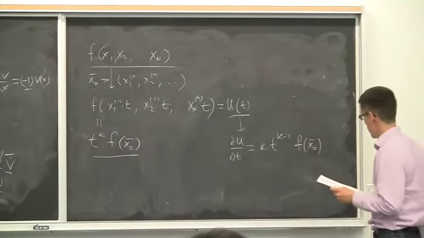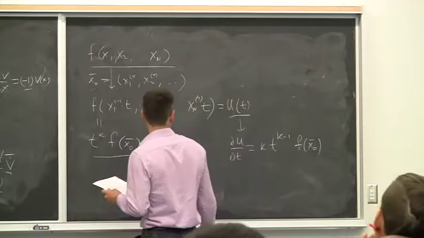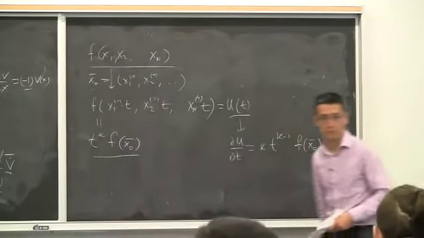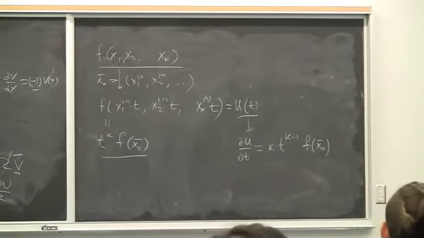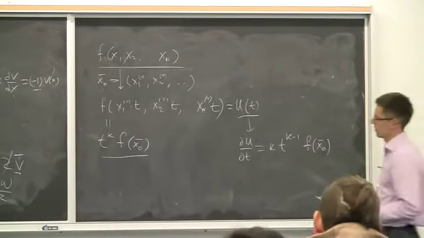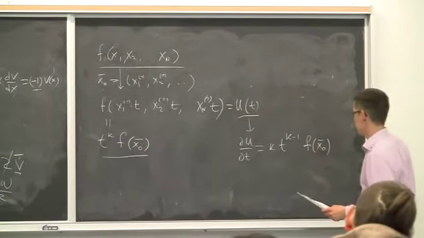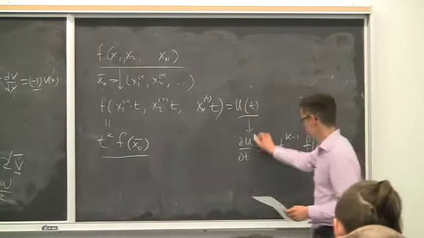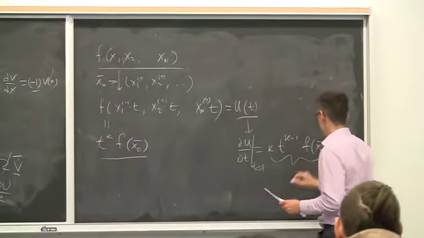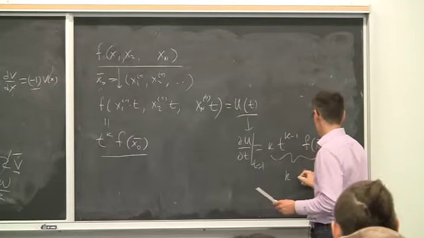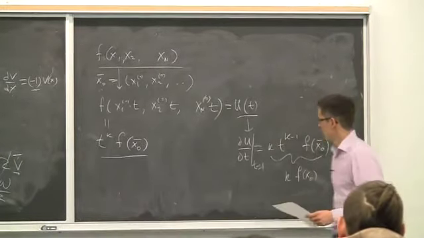Okay, then you can also, yeah. Why were we allowed to just put those t's in? Or are we just saying let there be a new function? Yeah, let's make a new function. Okay, it's u. Okay, and then if we take this derivative at t equals 1, then this will be k f at x0. Right?